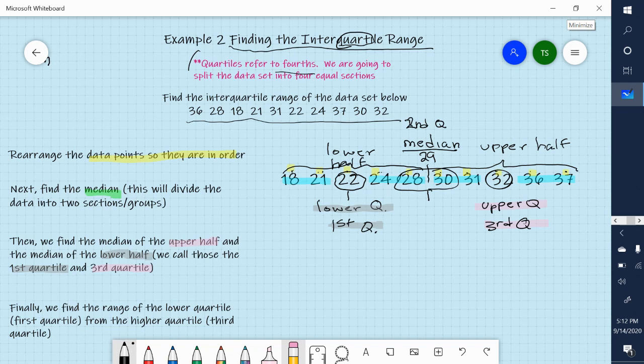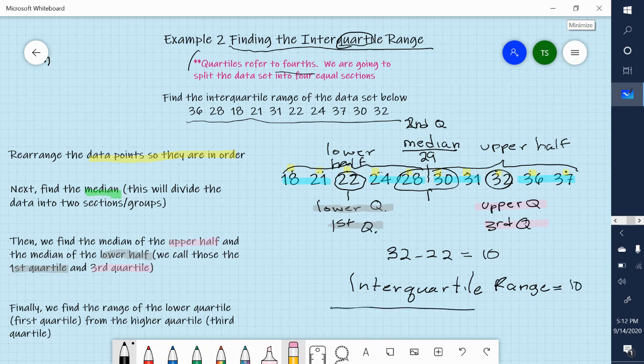So simply put, I'm going to take 32 and subtract 22, which will get me 10 as my answer. So the interquartile range is equal to 10.